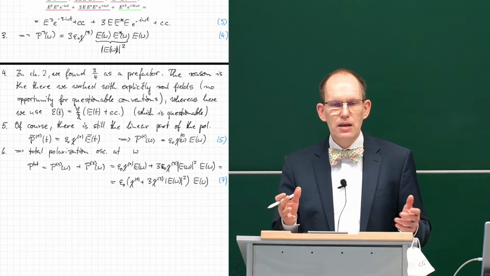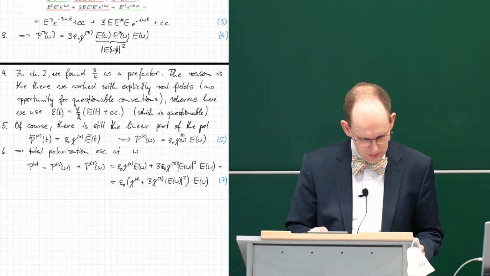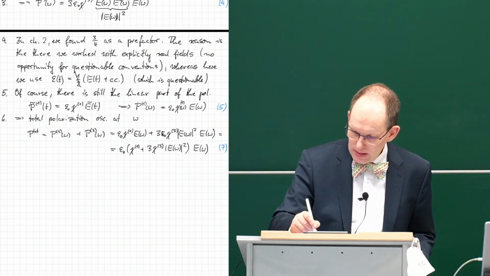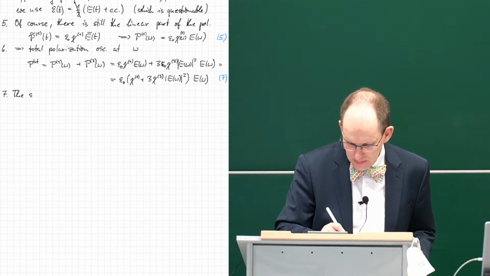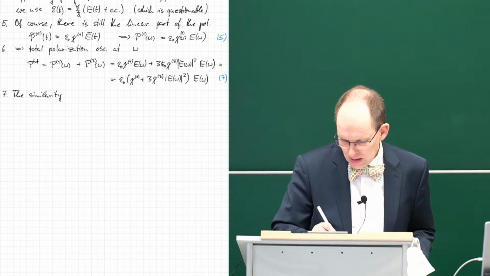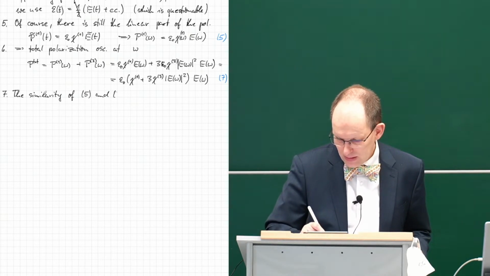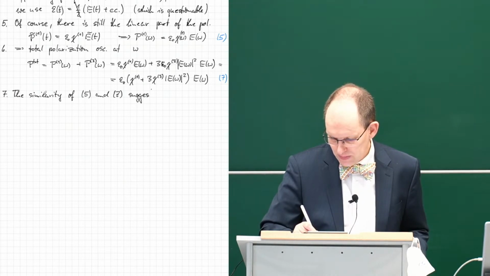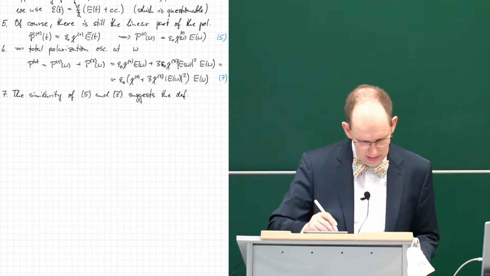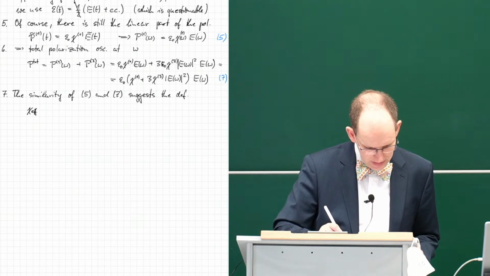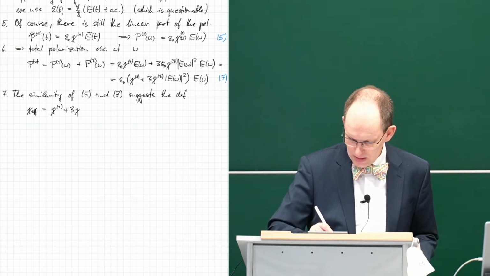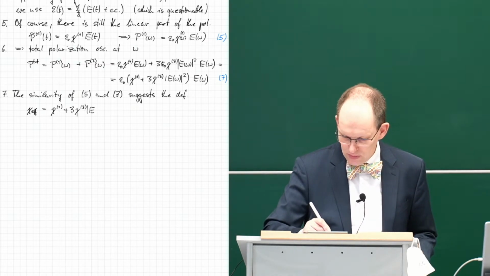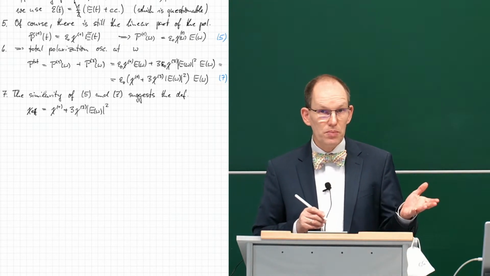So what you see is that we just replaced this by this longer expression here, and so we may define an effective susceptibility. Yeah? So let's define that. The similarity of equation 5 and 7 suggests the definition chi effective is equal to chi 1 plus 3 times third order nonlinearity times, of course, the magnitude squared of the electric field, which is proportional to the intensity.